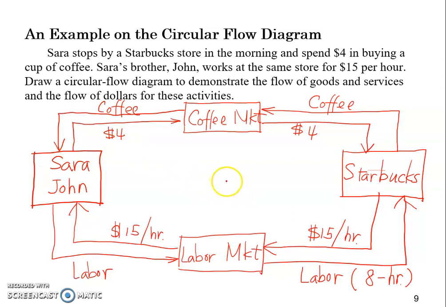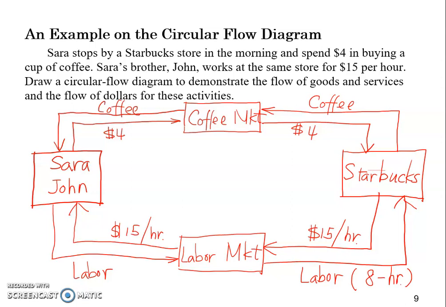Now a common question is, can I flip it? For example, can I put Sarah and John on the right-hand side and Starbucks on the left-hand side? Or can I put the coffee market at the bottom and the labor market at the top? Yes, definitely, no problem at all. You can flip it, you can rotate it.